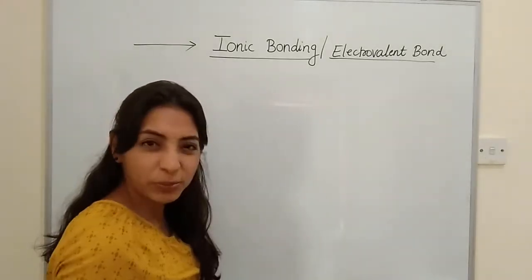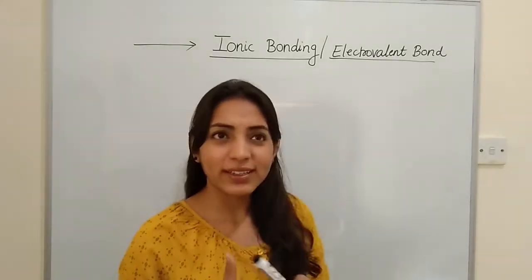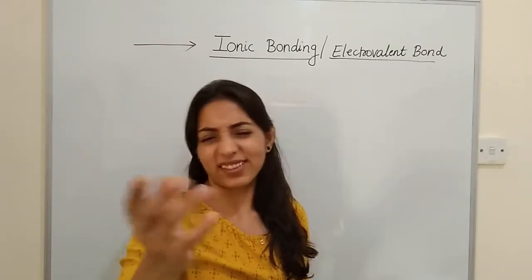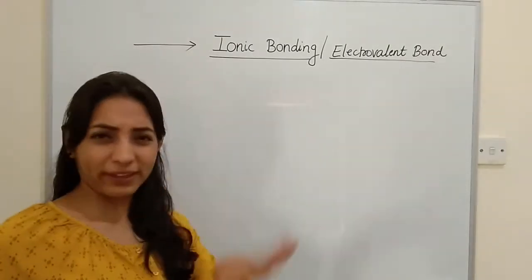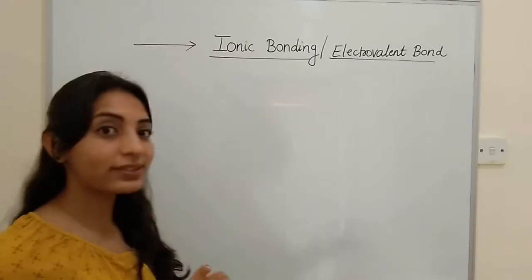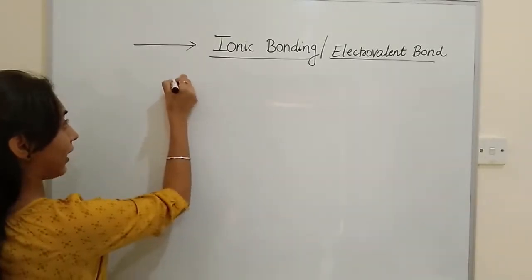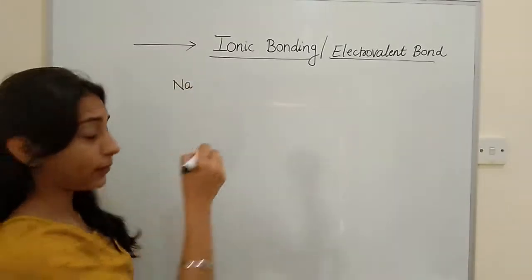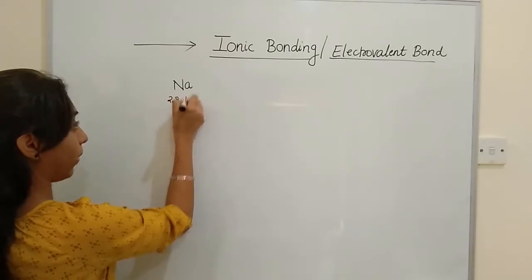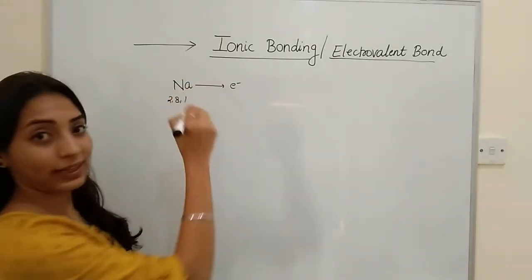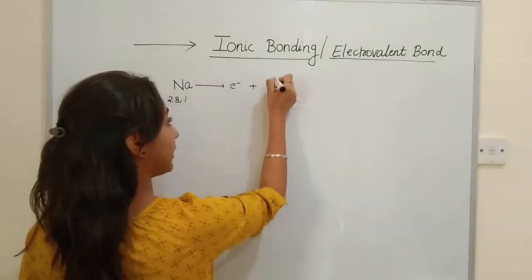You remember when you were small kids, maybe in grade 7th or 8th or 9th or maybe in 10th, your teachers must have taught you one thing, that if there is an element sodium which you write as 2, 8, 1, it loses one electron and it becomes Na+.